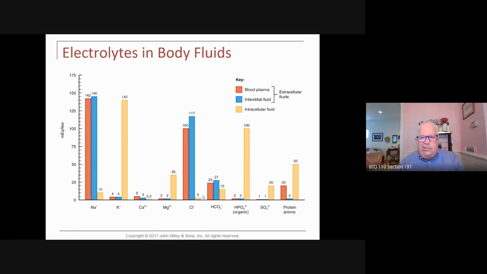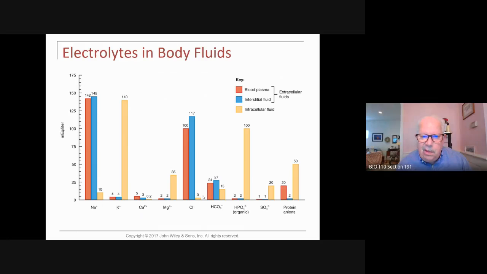This is the intracellular fluid. One of the questions on exam number 3 is going to be, what is the most abundant cation in the intracellular fluid?